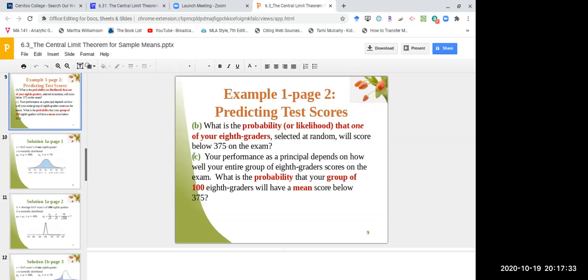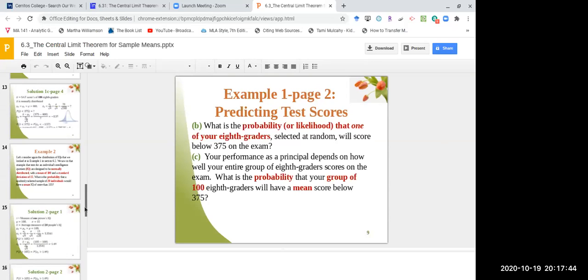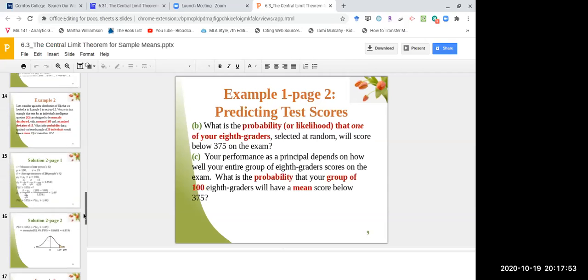This part C is your new concept for the section. She goes through and shows you what happens for each one of these. So you want to pay attention to whether you're doing one person or a group of people, because there is a change in the formula. And that's basically what it is for 6.3.